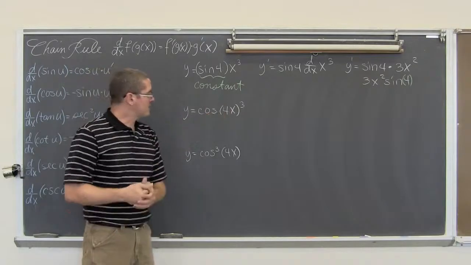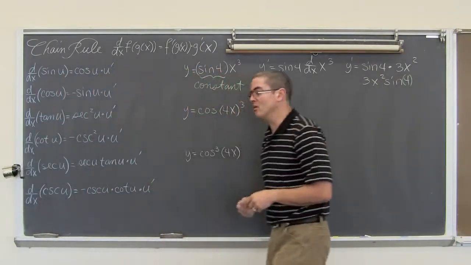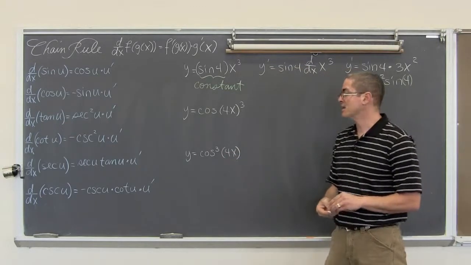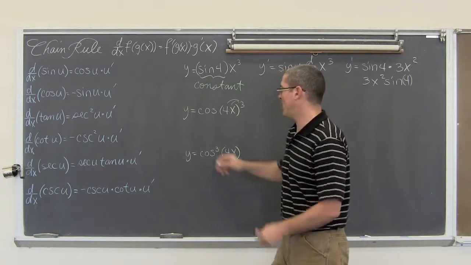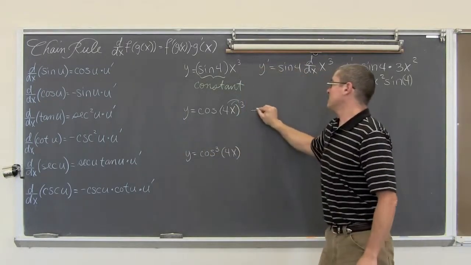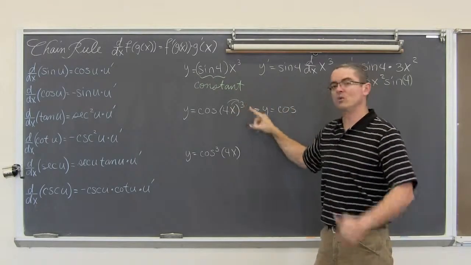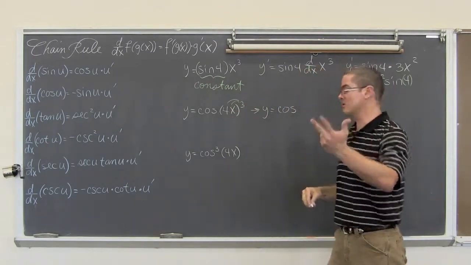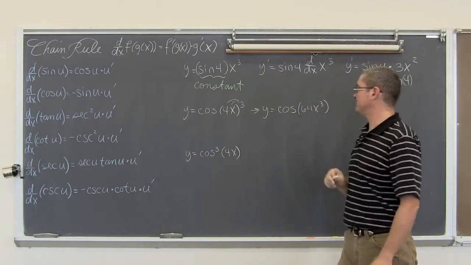Here we have y equals the cosine of 4x cubed, but it's not the sine function being cubed, it's just 4x. So we're going to go ahead and apply that power and get y is equal to the cosine of 4 cubed, 4 times 4 is 16, another 4 is 64, x cubed.